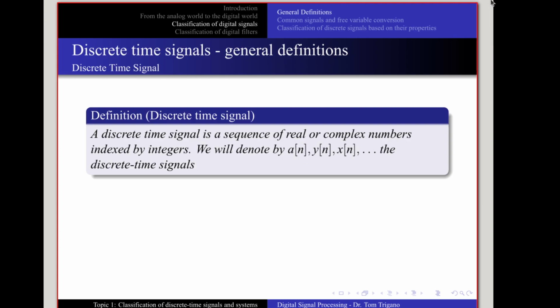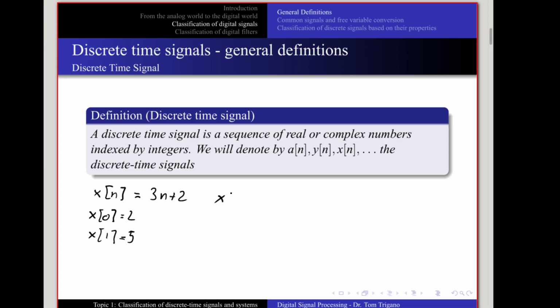In this sense, you can define a discrete time signal by a straightforward equation, something like this. It means that x of 0 will be equal to 2, x of 1 will be equal to 5, and so forth. So this is a direct definition of a signal.